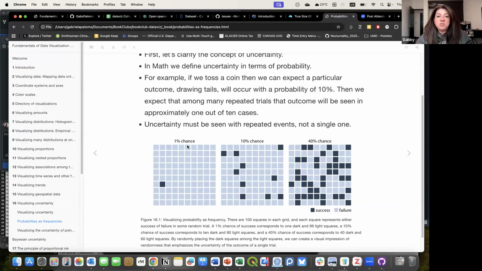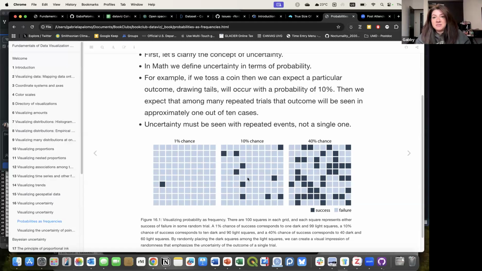If we only do one experiment, we only see one outcome. Now, if we have 100 experiments, but the probability of drawing a tail is only a 1% chance, then this is what the results are going to look like. Just one tail drawn out of all of the 100 events that happened. 99 were heads, and one was tails.